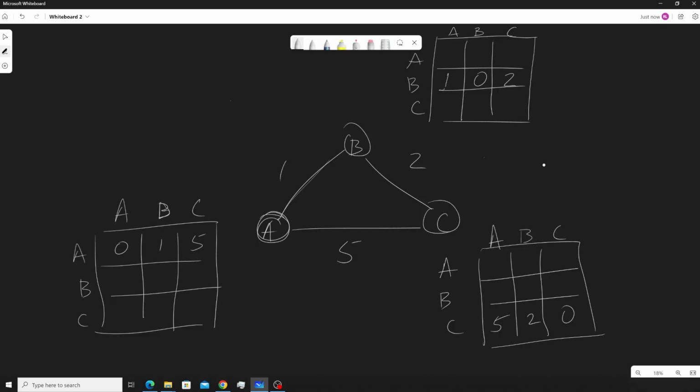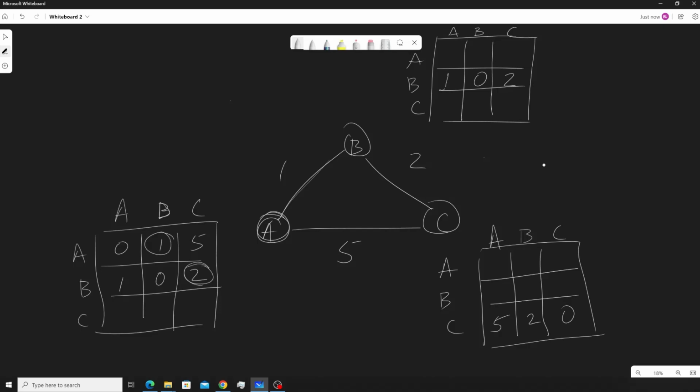And so what B is saying is that if you can get your information to me, I can get it to C with a cost of 2. And A knows that it can get to B with a cost of 1. Okay?